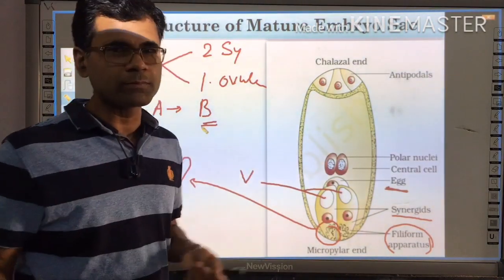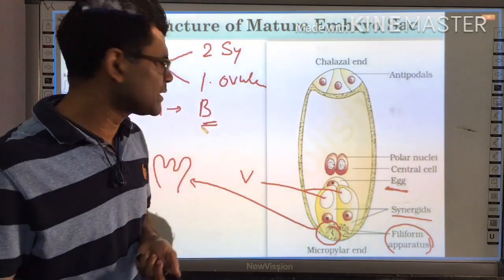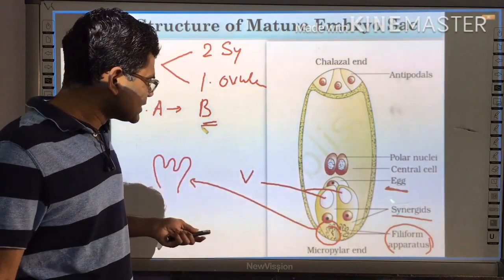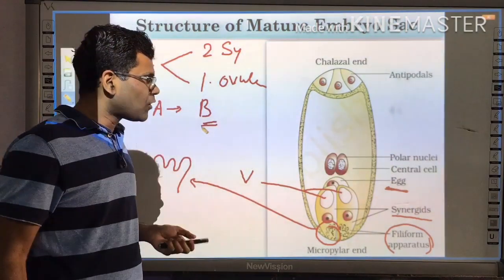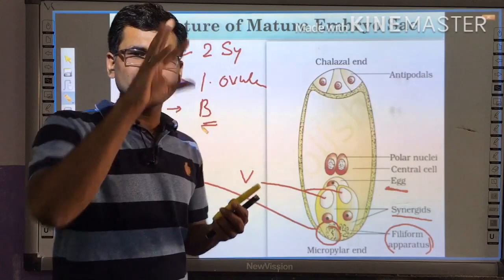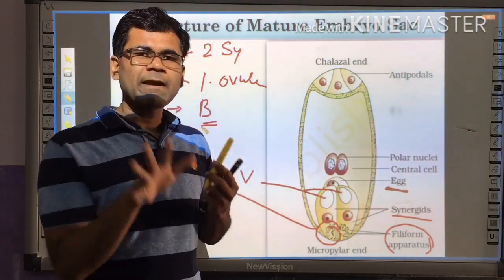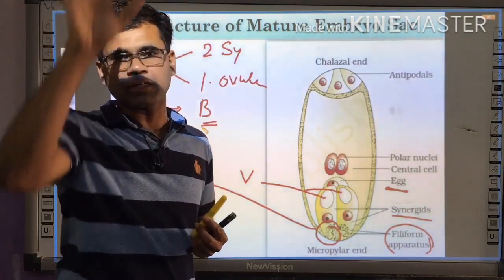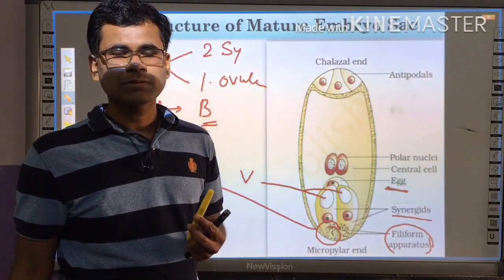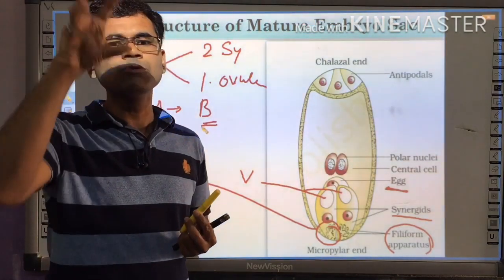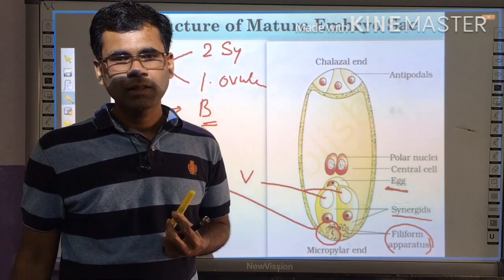So that's why this filiform apparatus secretes boron, and this boron is responsible for guiding the formation of a pollen tube. Second very important part: after fertilization, the synergids form some haustoria. Haustoria means finger-like projections, and these finger-like projections are embedded into the cells of the nucellus, and from there they draw nutrition.